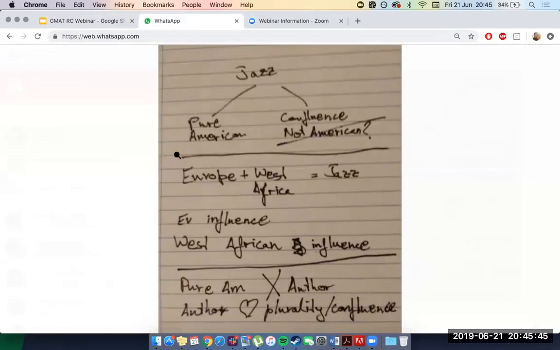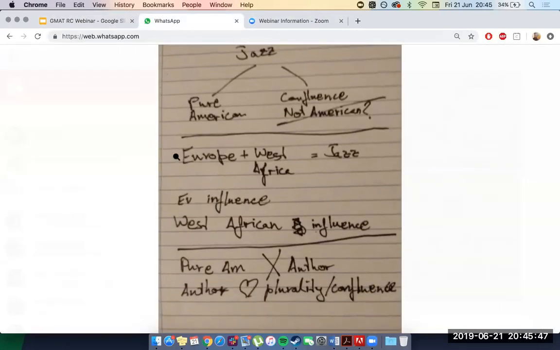So really what we have to realize is that you can have points of view, but in a passage like this, and I've deliberately selected this passage because it is an example of a fairly difficult one, the points of view might be different, but they are not necessarily opposing. It's not that jazz is pure American versus jazz is not American.